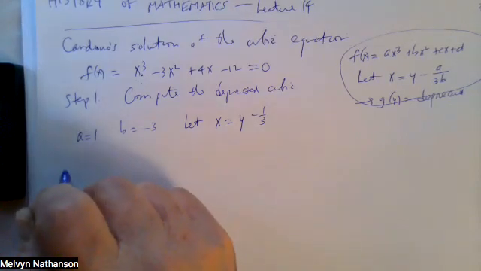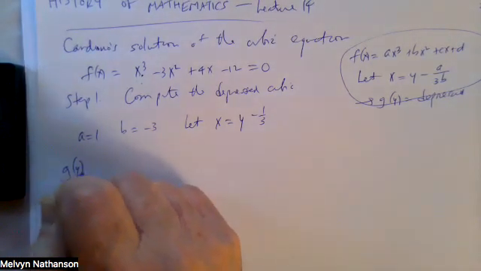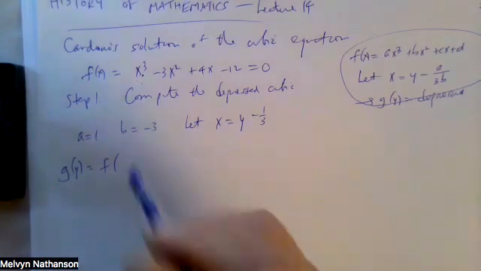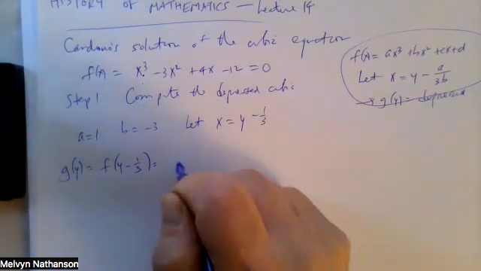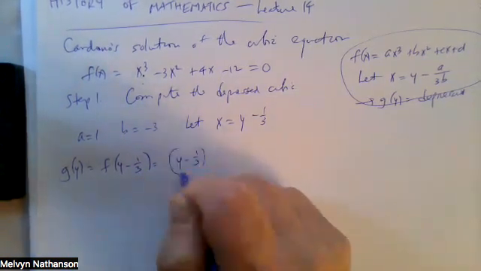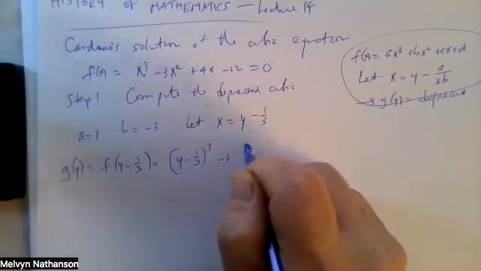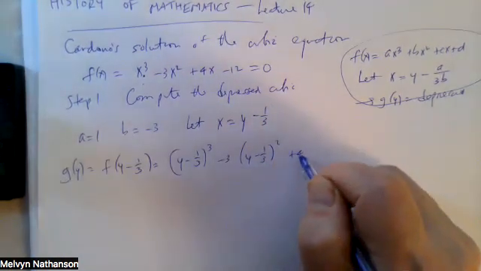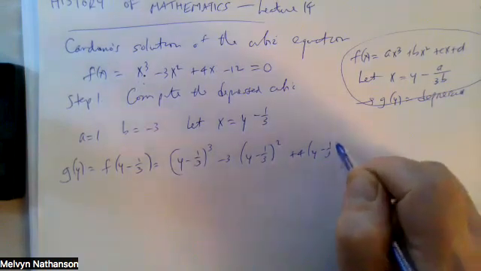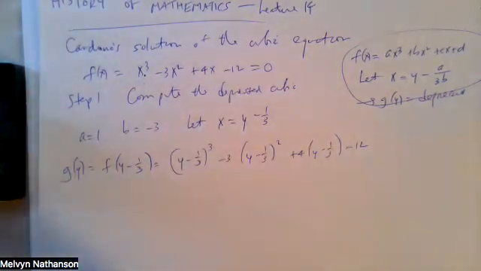So we have a new polynomial, I'll call it g of y, which is what we get when we replace x by y minus a third. That's y minus a third cubed minus 3 y minus a third squared plus 4 times y minus a third minus 12. So to solve a cubic involves a lot of calculation.